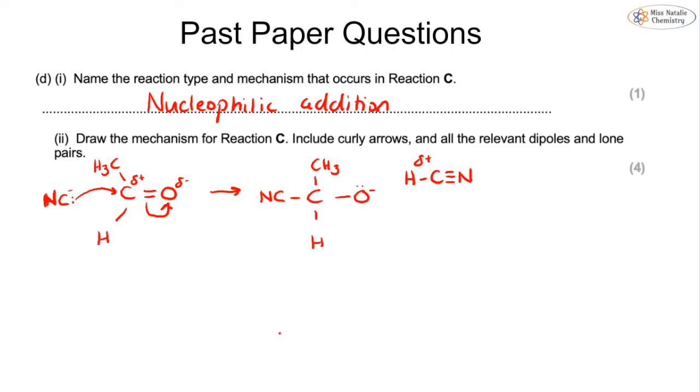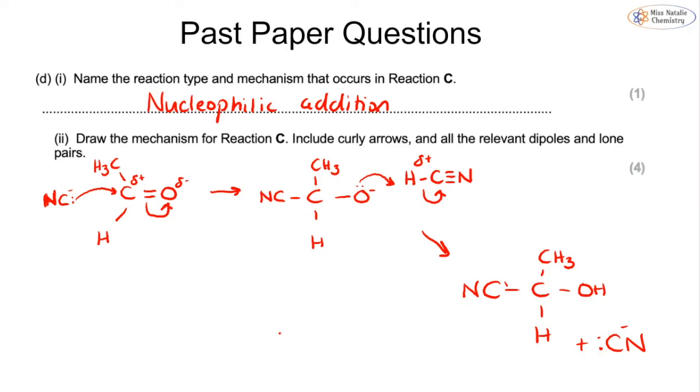And of course, we draw our lone pair like that, going onto the carbon. And then again, I'm going to draw it down slightly here. You try and keep it in a straight line, of course. And we've got our CN with our CH3, our H and our OH.